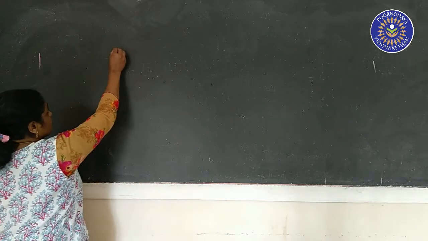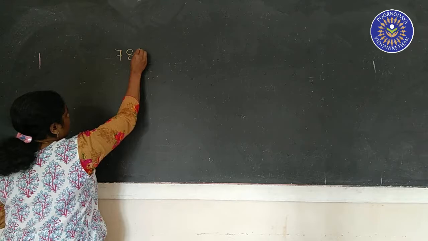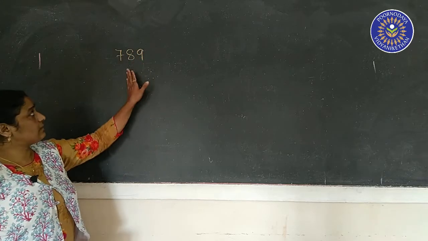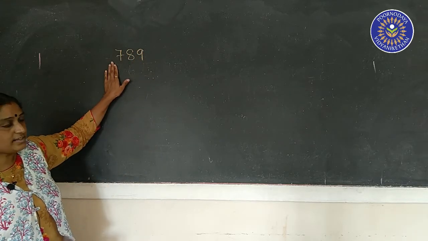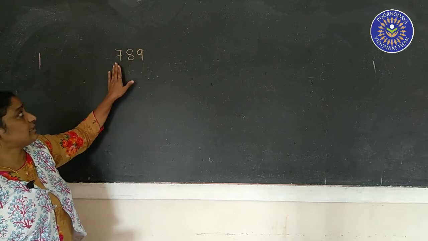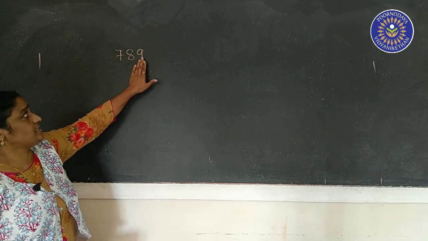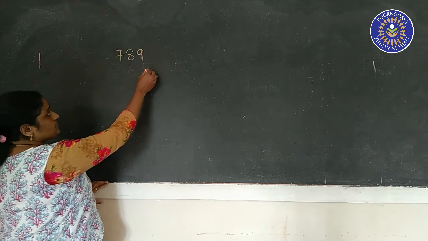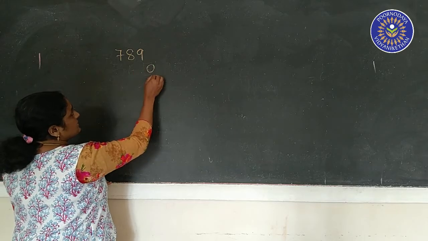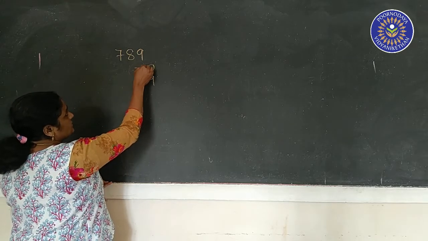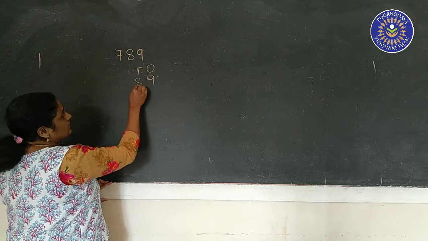Another number. Read the number 789. The number 789. Ones place, there is 9. In tens place, 8.